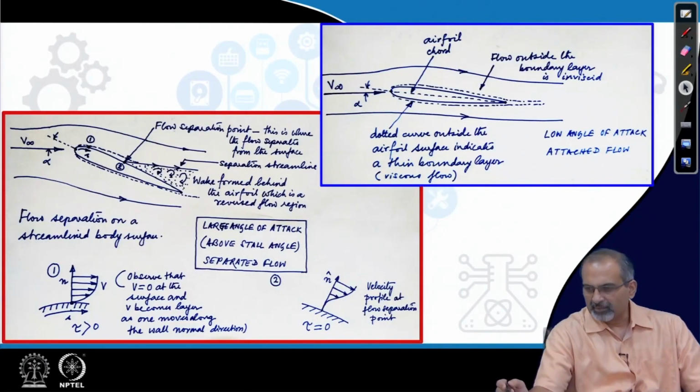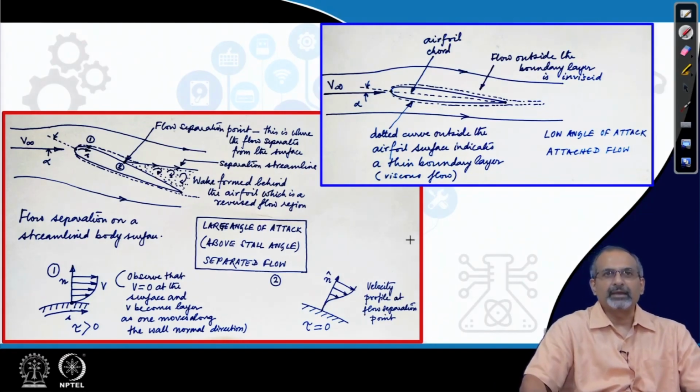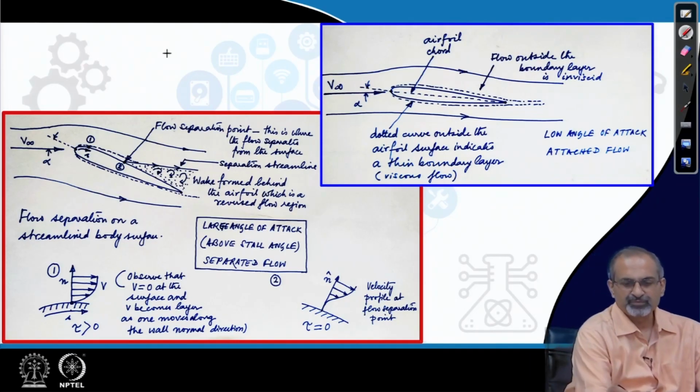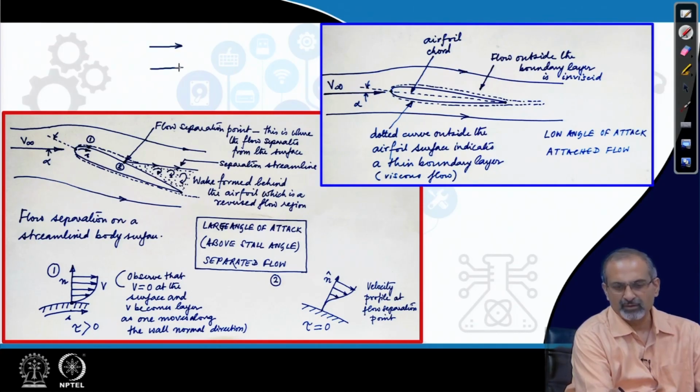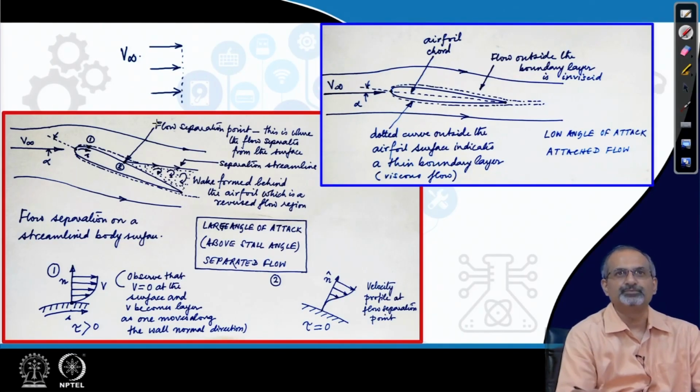Here is a diagrammatic representation of an airfoil facing a uniform flow. So, there is a uniform flow field which is approaching the airfoil from upstream. What we mean by uniform flow is that at every spatial location you see the same value of the velocity magnitude.